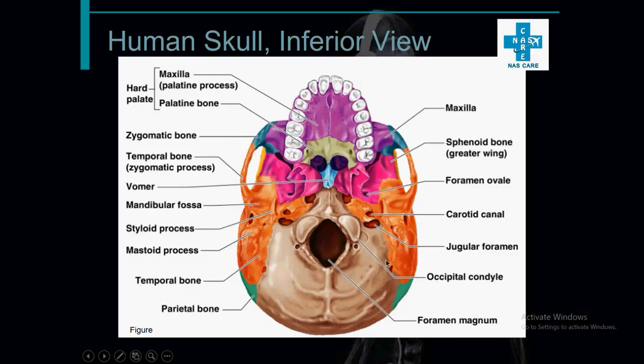And this is the inferior view: hard palate, which is divided into the palatine process of the maxilla and the palatine bone, zygomatic bone, temporal bone, vomer, mandibular fossa, styloid process, mastoid process, parietal bone, foramen magnum, occipital condyle, jugular foramen, carotid canal, foramen ovale, sphenoid bone, and maxilla.